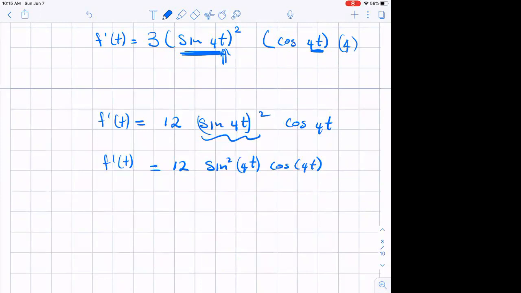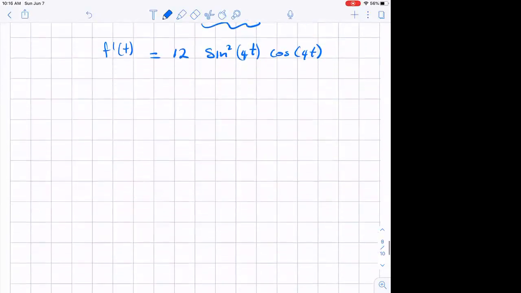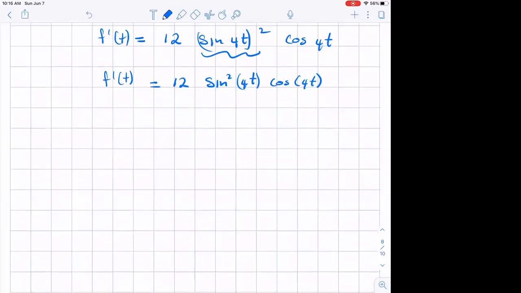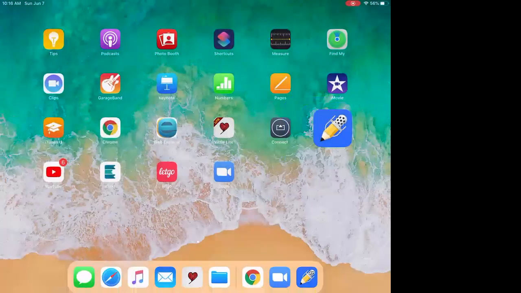Okay, so this is the way the trigonometric functions work. The same thing works also for logarithmic and exponential functions.